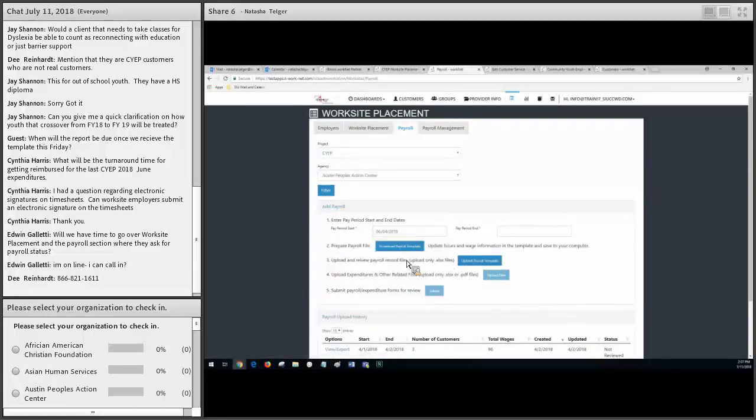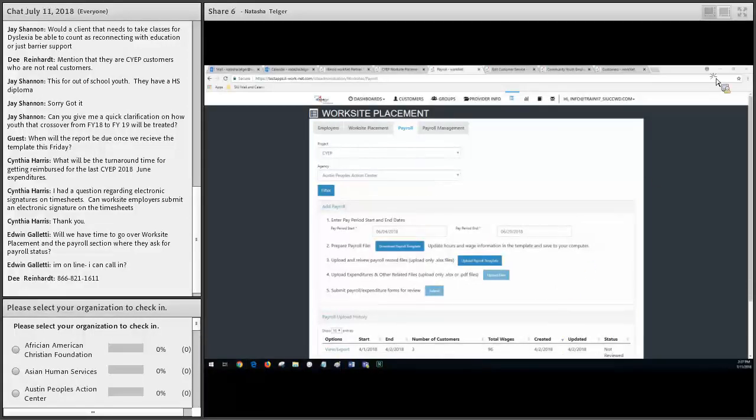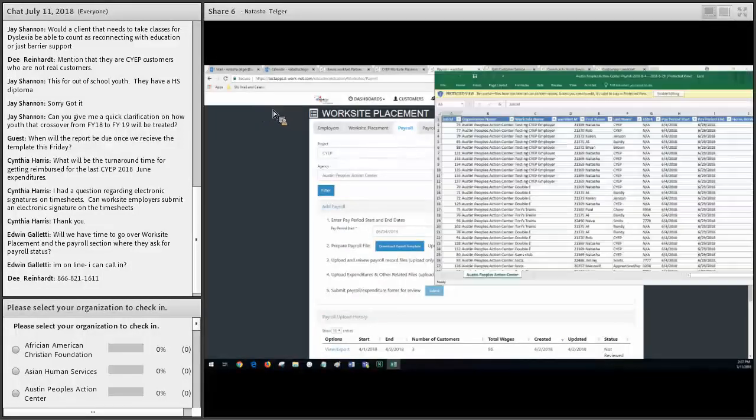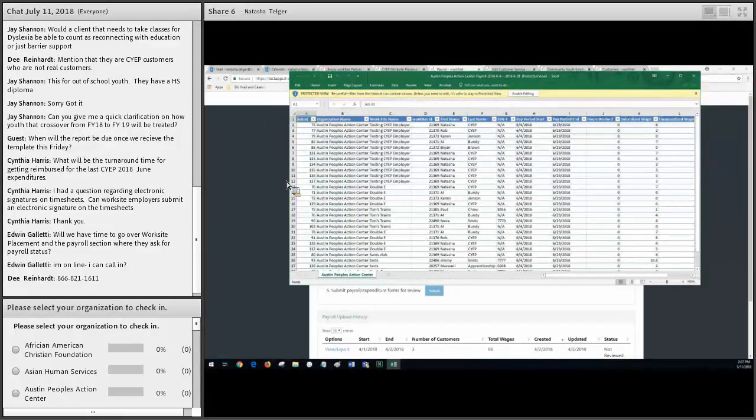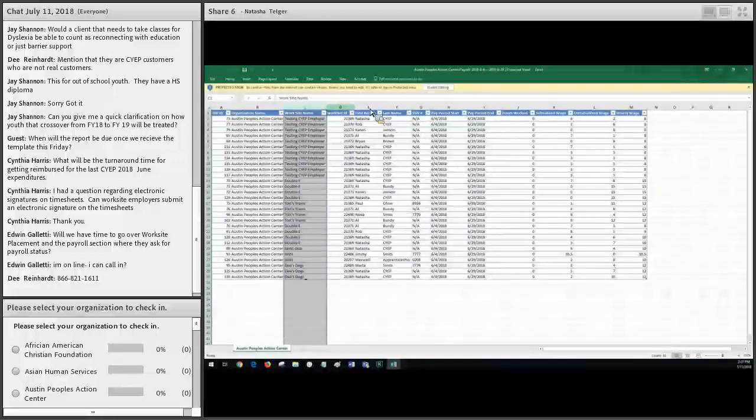So this would default to your area. You would put in the pay period date, and then you're going to download this template. It's going to have your organization, wherever they were associated with.